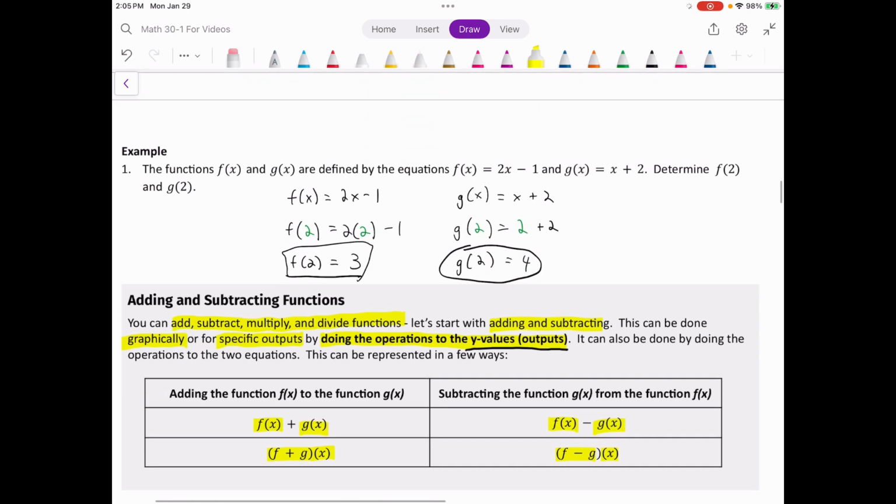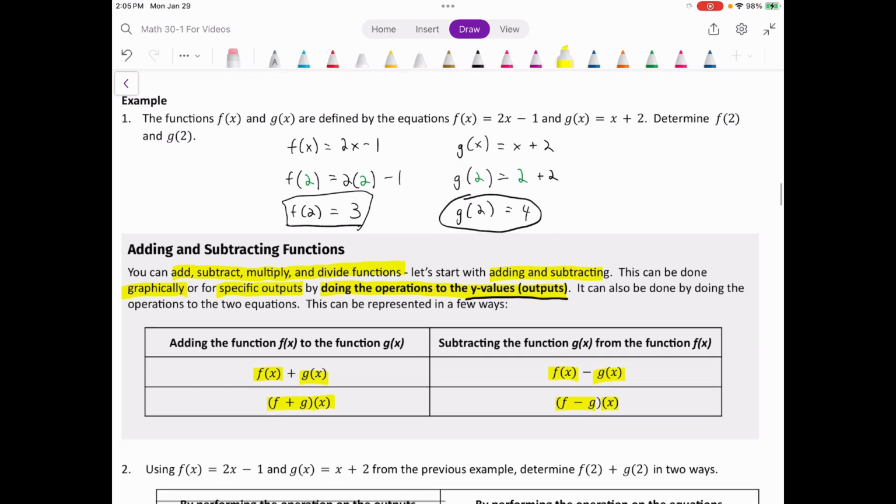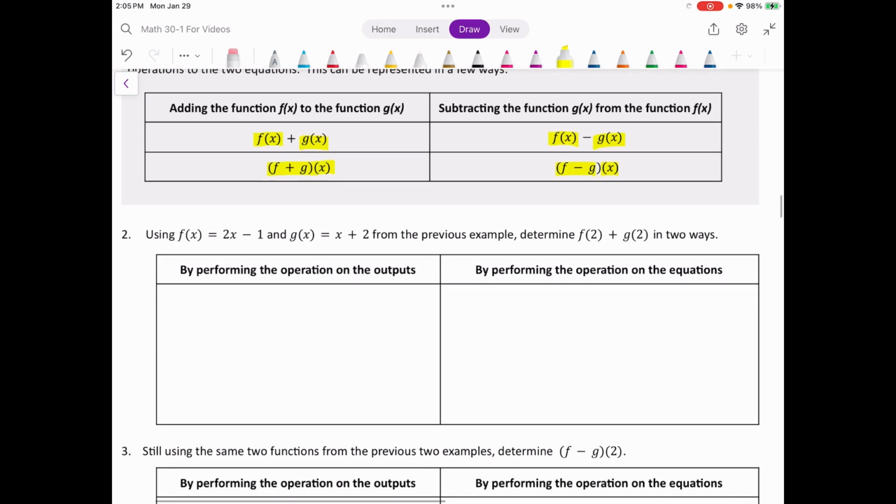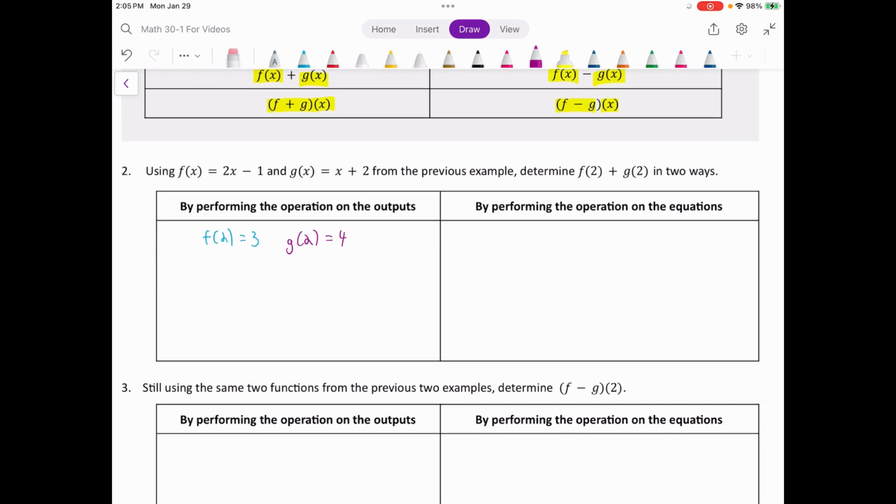So we already worked out the outputs. Remember, we figured out that f of 2 was just 3 and g of 2 was just 4, right? So to perform the operation on the outputs, we really are just going to add these two, right?